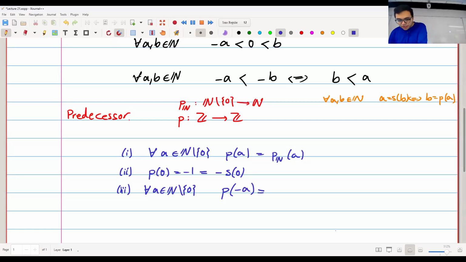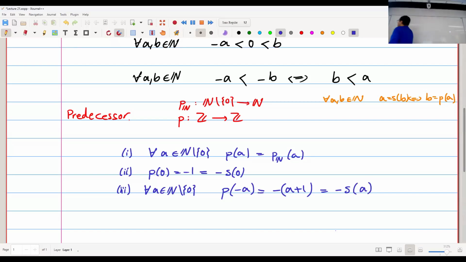I want to say something like this, right? I want to say this is -A plus 1. But I can just use the same way that I defined this here. I can say this is minus the successor of A. Because A plus 1 was successor of A.